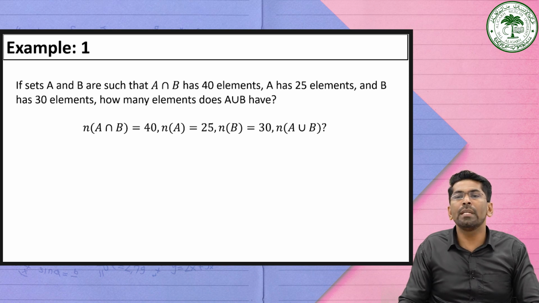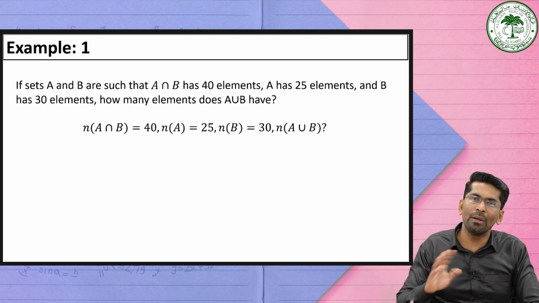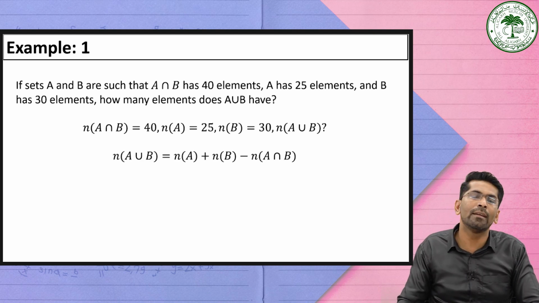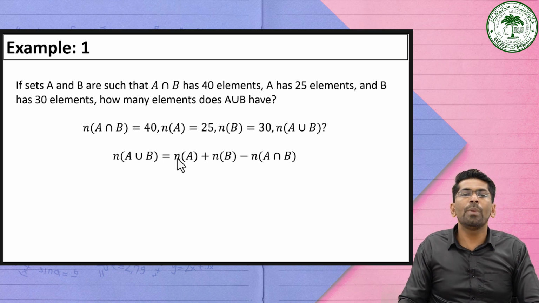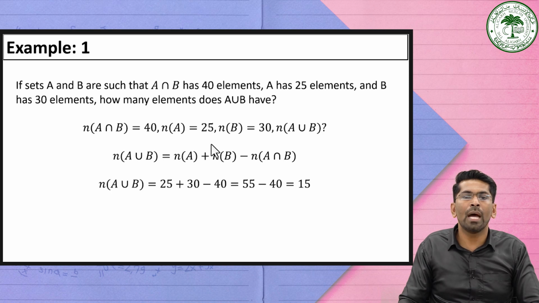Now, applying the inclusion and exclusion principle, the number of elements in A union B is equal to the number of elements in set A plus the number of elements in set B minus the number of elements in A intersection B. All the information is given, so we just substitute: 25 plus 30 minus 40.